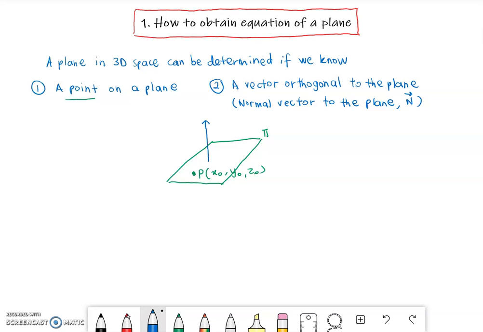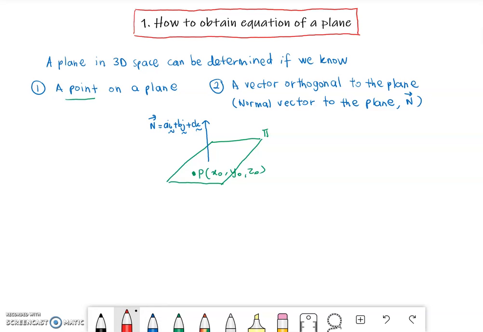So we have a normal vector n, which is denoted as ai plus bj plus ck. So this is the normal vector.